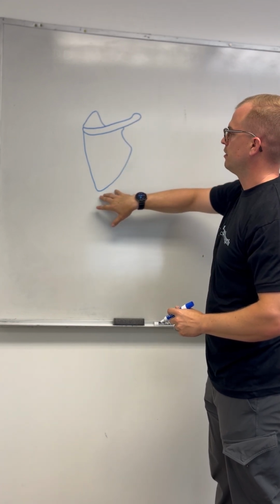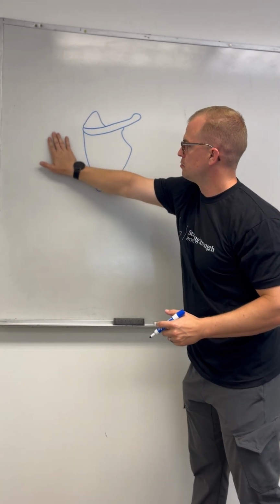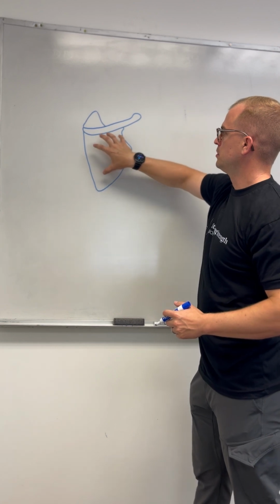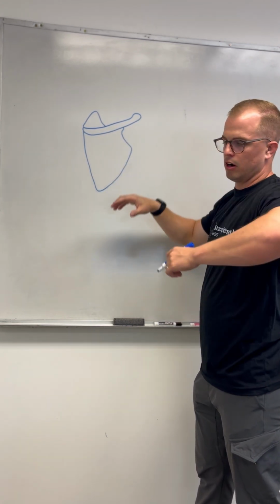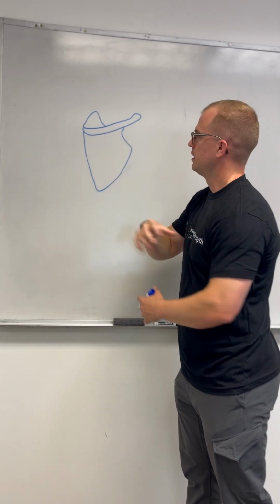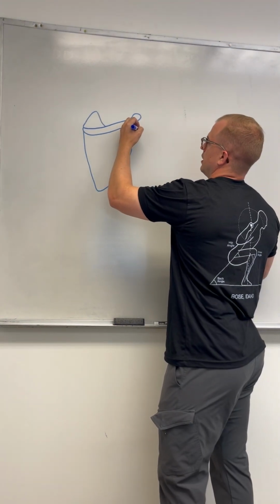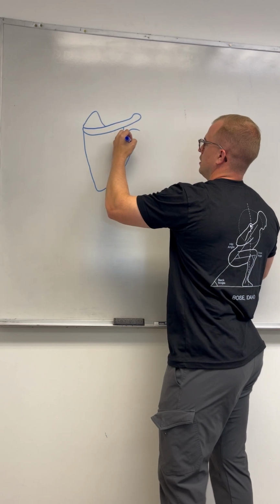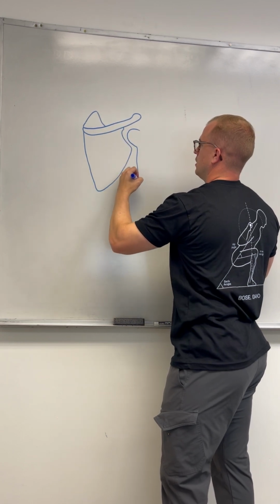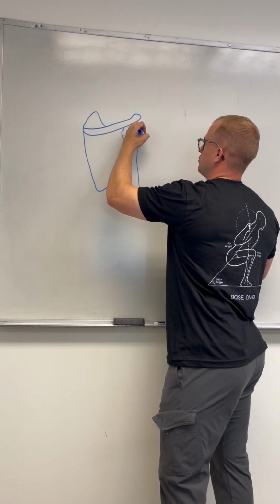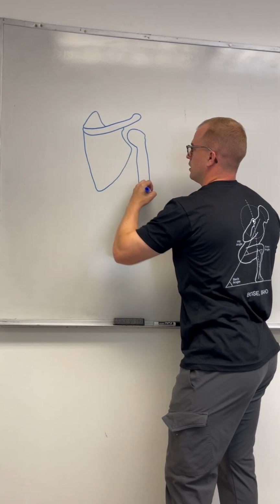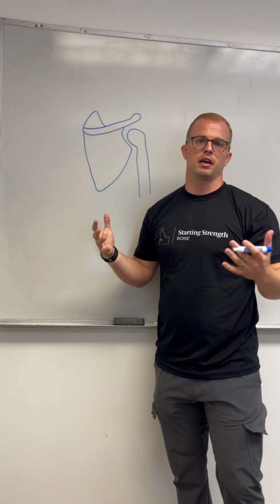We have the inferior angle, and then right here would be the spine. Now, most people don't realize this, but your arm, your humerus, is actually attached via the shoulder blade. So I'm going to draw that here. Very rudimentary, as you can see. It looks like that. Now, what keeps it together?